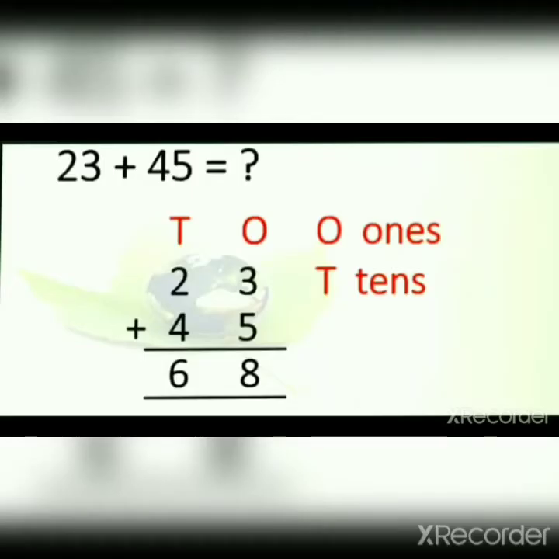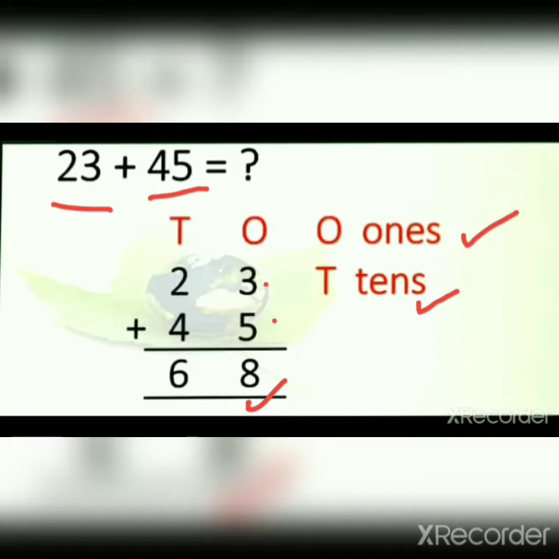Another example, 23 plus 45. We have to add 23 plus 45. You can see O represents ones and T represents tens. First we will add 3 plus 5. 3 plus 5 is equal to 8. 8 you will write under ones column.